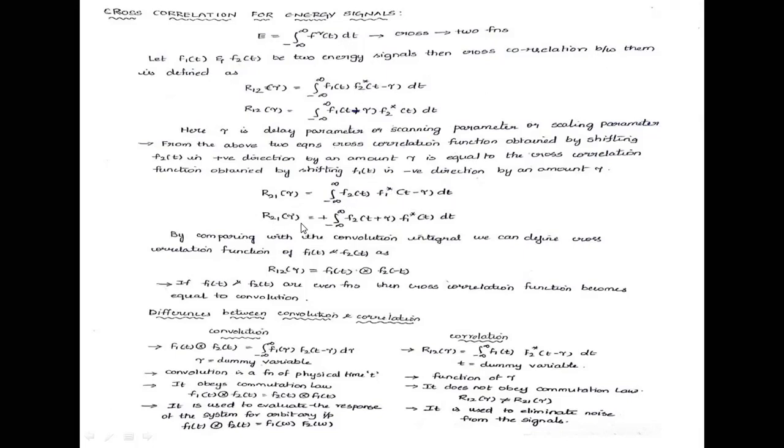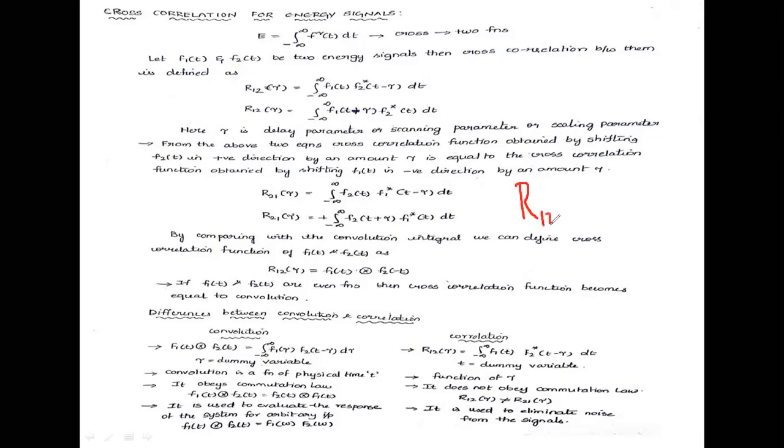Even with interchanging, R12 of tau is not equal to R21 of tau. The negative direction of the tau value is the difference here.